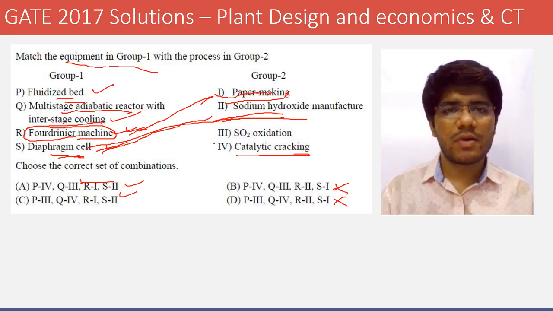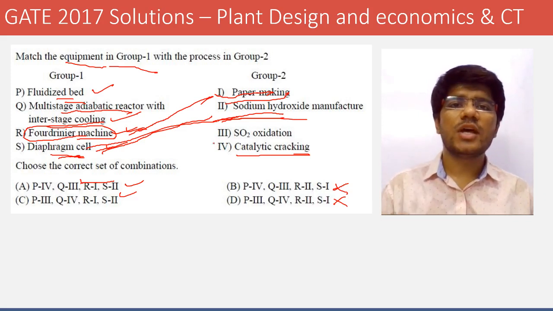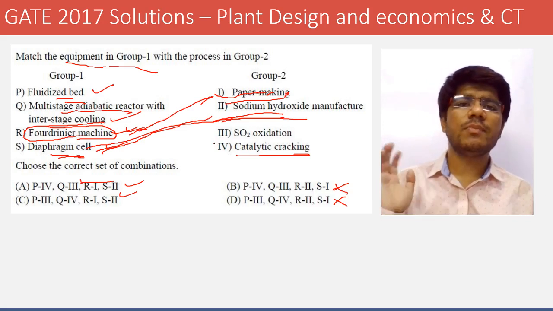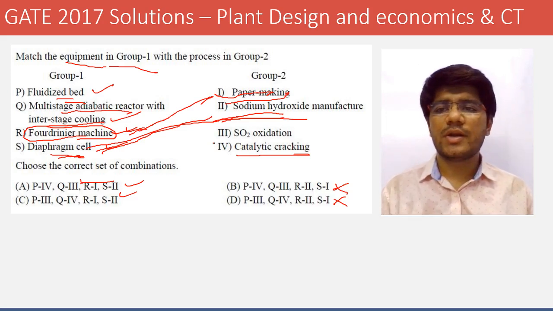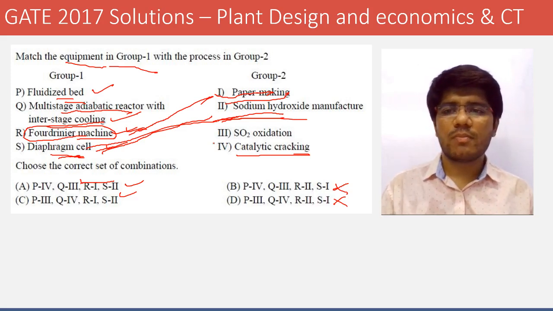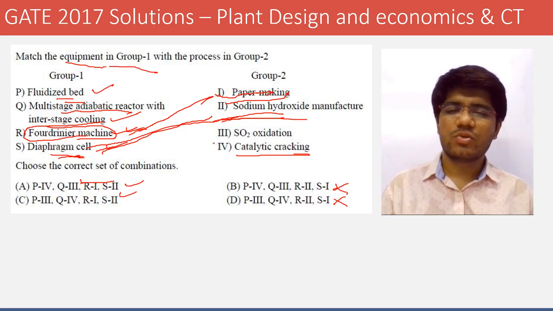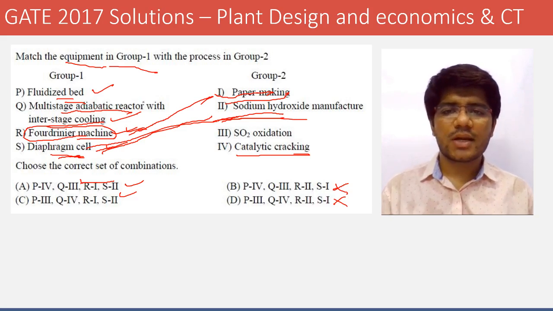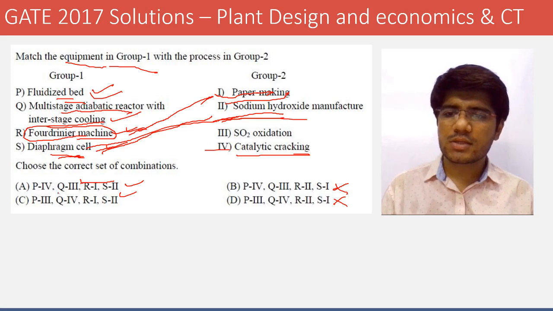This is very basic: there is a fluidized bed catalytic cracker at any petroleum refinery or petroleum industry. The fluidized bed catalytic cracker is important equipment, and many students have gone through it or know about it. So P will be equal to 4. So here answer A is correct.